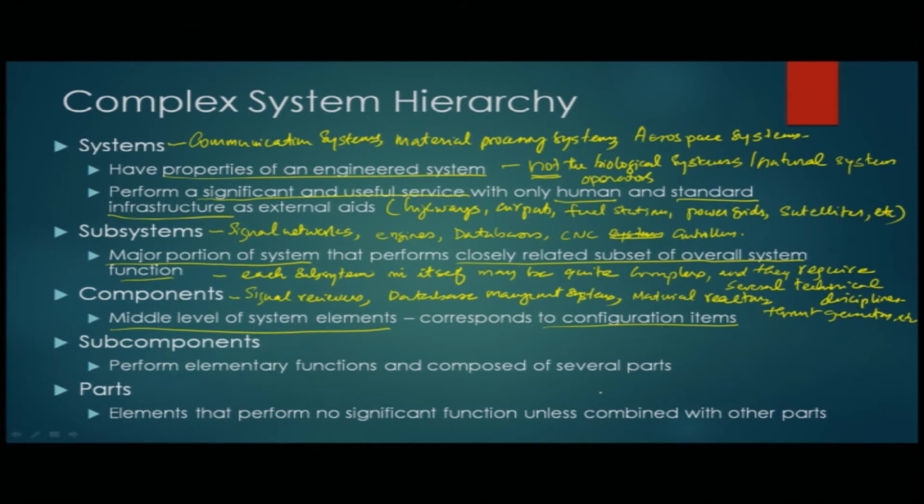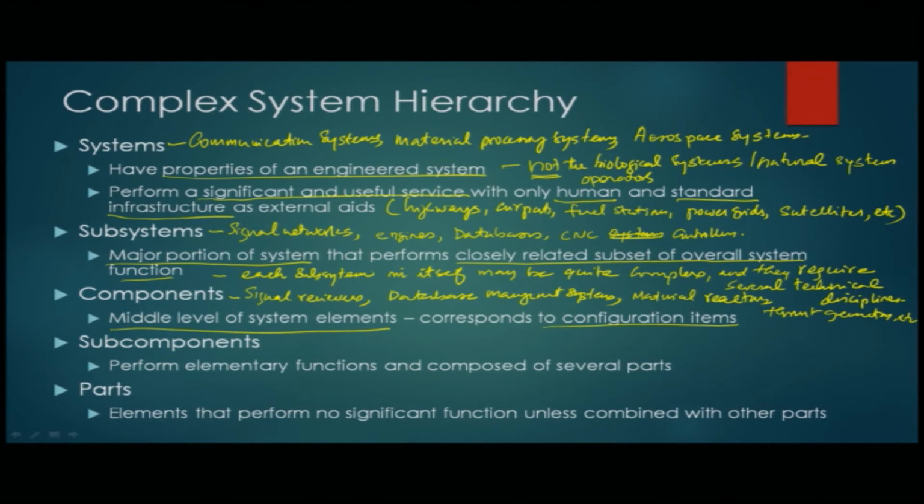Earlier there used to be very few disciplines in engineering, but with the advent of interdisciplinary engineering approaches, there are many aspects. So having components below the subsystem helps you to further create a functional hierarchy in the system, and you can apply systems engineering concepts to this.